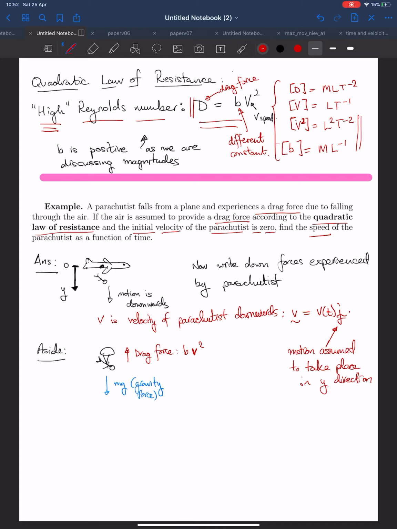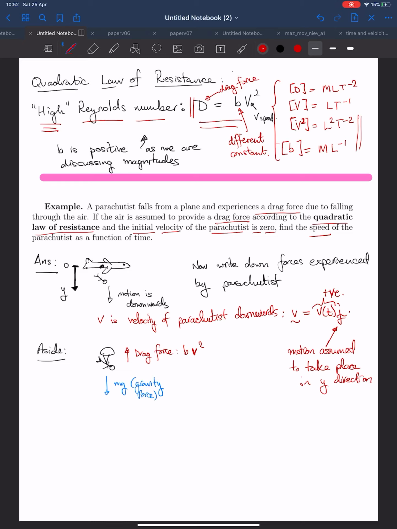So in other words, this is going to be positive. Well, okay, we don't need to actually prescribe this. It doesn't affect what we're going to do. We don't really need to say something about whether the speed or velocity is positive or negative.